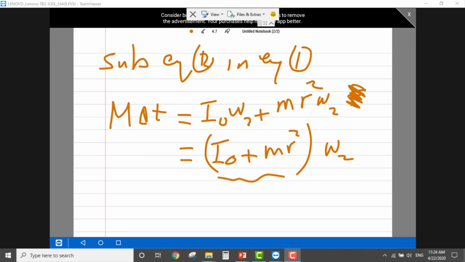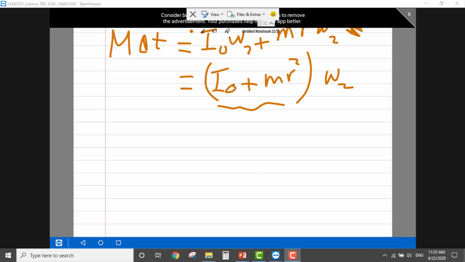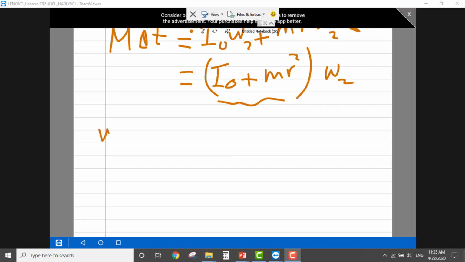You can tell easily that this is from the parallel axis theorem. So omega 2 is equal to moment multiplied by delta t over I O plus m r squared.